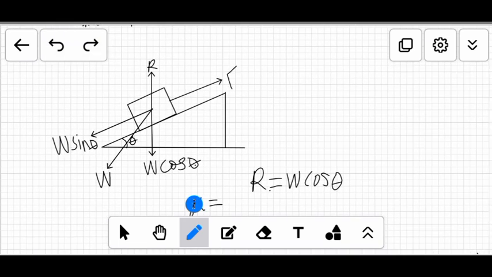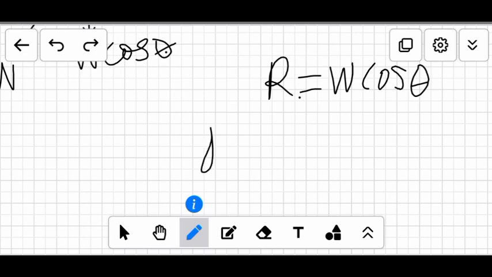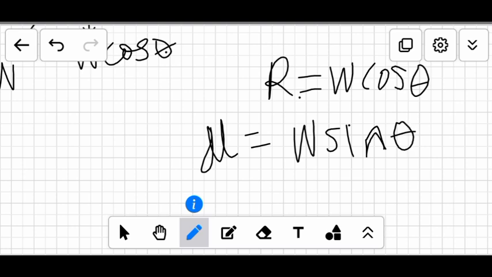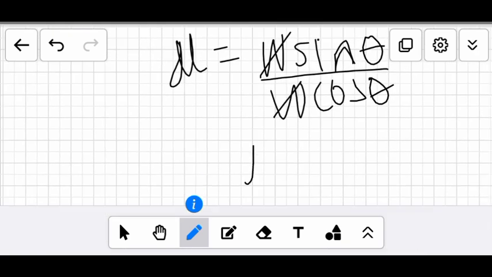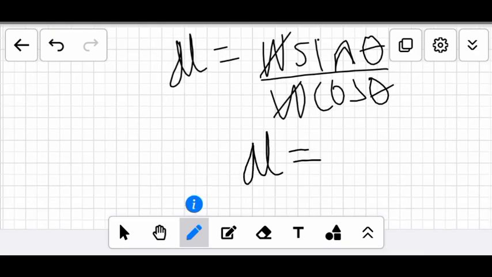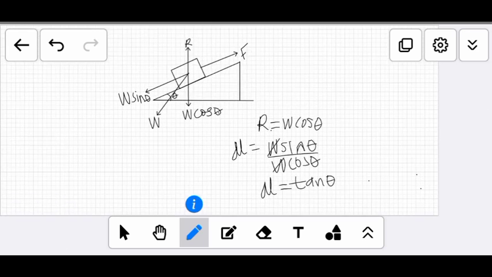The coefficient of friction now is the frictional force, W sine theta, all over W cos theta. So the coefficient of friction would be sine theta over cos theta, which is what? Tan theta. So you can automatically just find tan theta to know the value of the coefficient of friction.